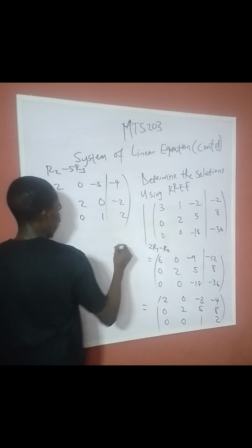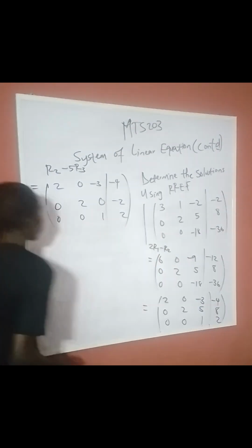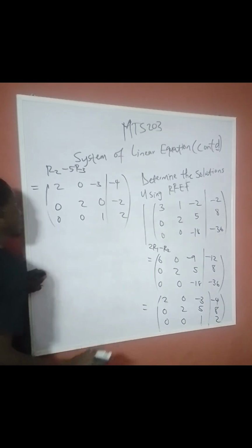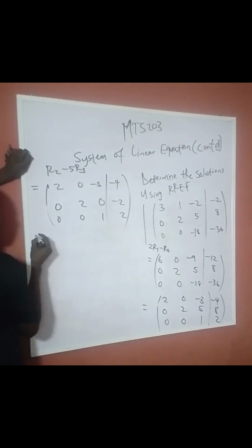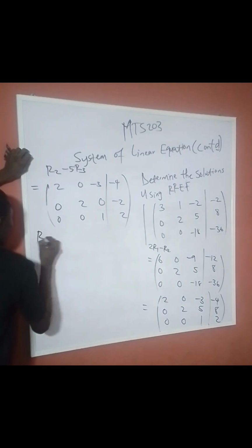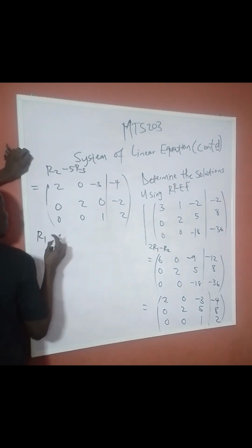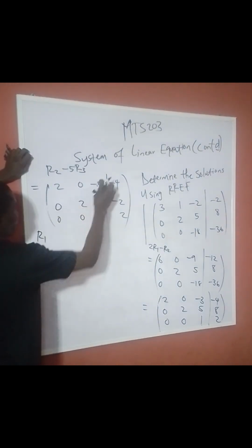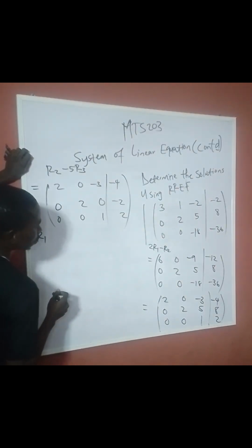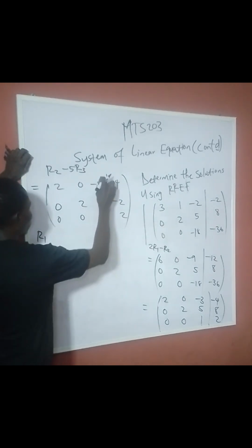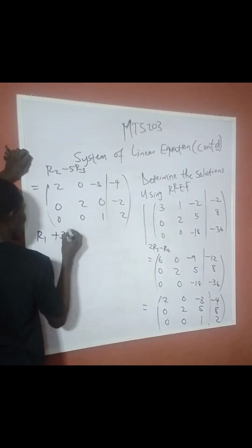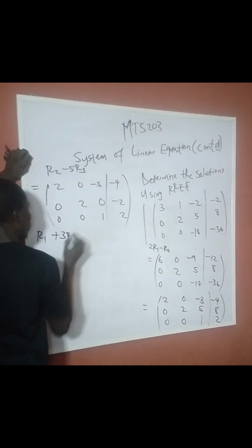The last thing for me to reduce is my minus 3. How do I go about that? I can say row 1 plus 3 row 3.